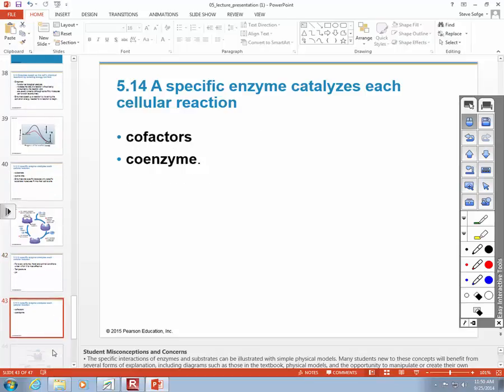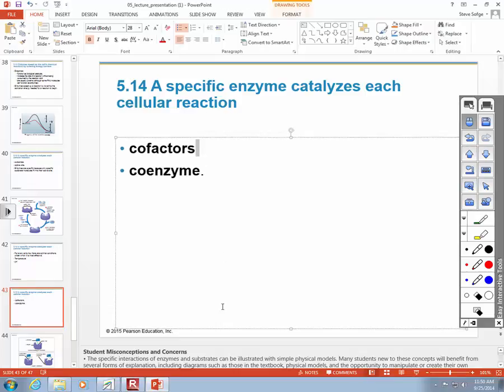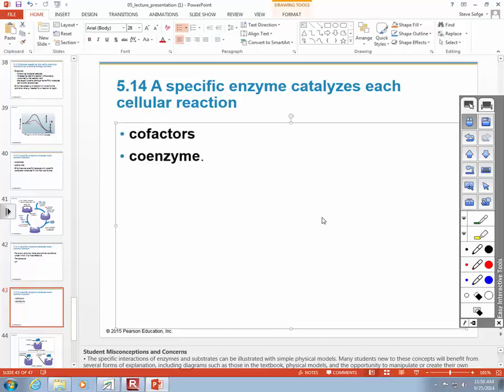Yeah, he did. Okay. These are some things that some enzymes need and some enzymes do not need. These are plus or minus situations, basically, what I call plus or minus. On the plus side, that would be cofactors. These are what we call minerals. So again, some enzymes need them, some do not.